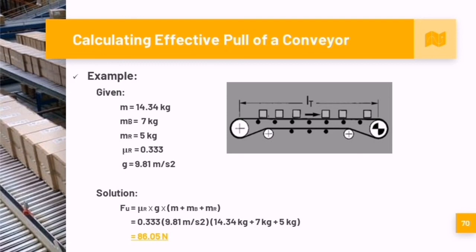The friction coefficient is given in the table, 0.333, and the acceleration due to gravity is 9.81 meters per second squared. So for the solution, Fu is equal to mu R times G times the quantity of mass plus MB plus MR. So the total would be 86.05 Newtons.